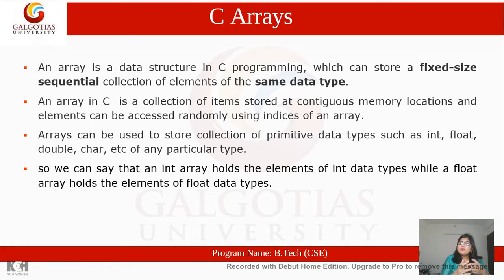And because we have the indexes, we can randomly access the array elements using those indices or index values. Array can be used to store a collection of primitive data types such as integer, float, double, characters, etc. of any particular type.